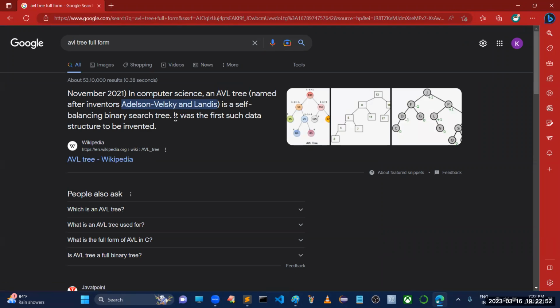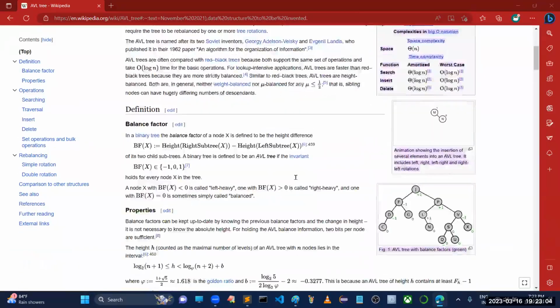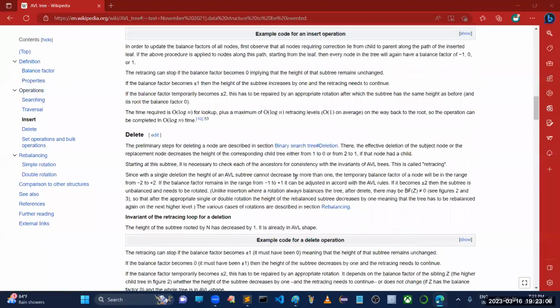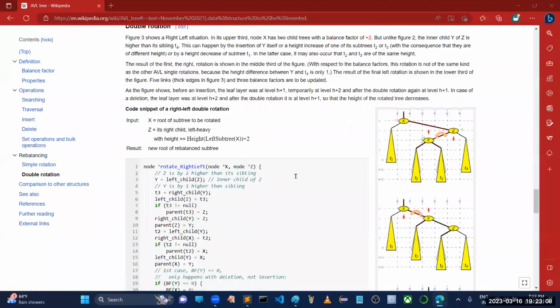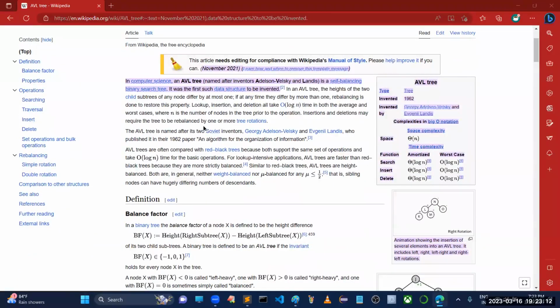These people are the inventors who introduced this special balancing binary search tree, those three people. Are there photos of those people? No, I think we don't have. Okay, but is my definition correct?